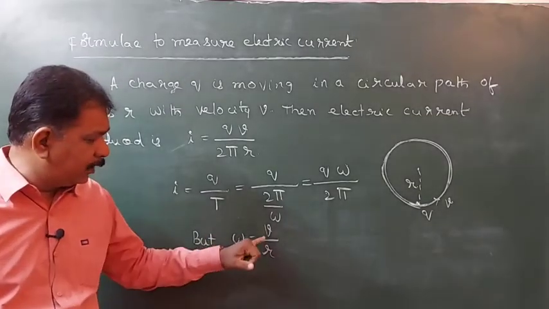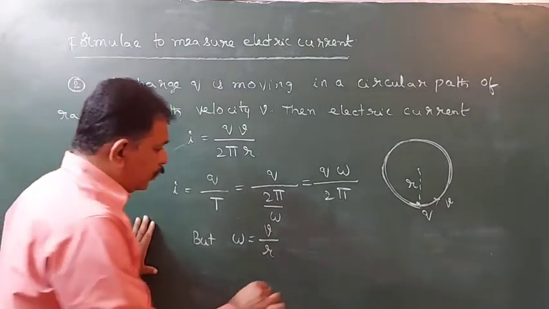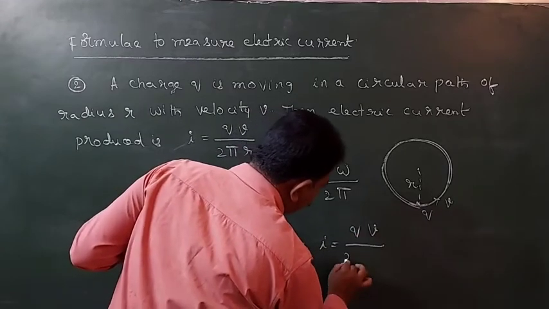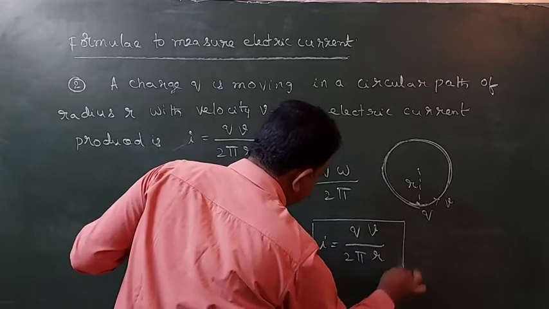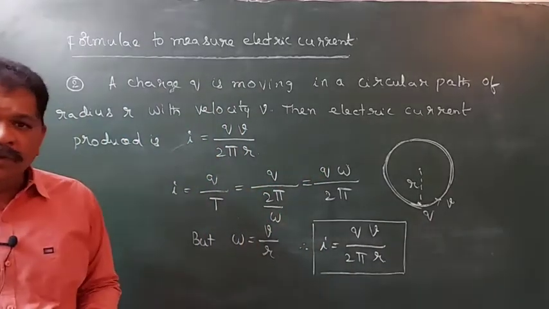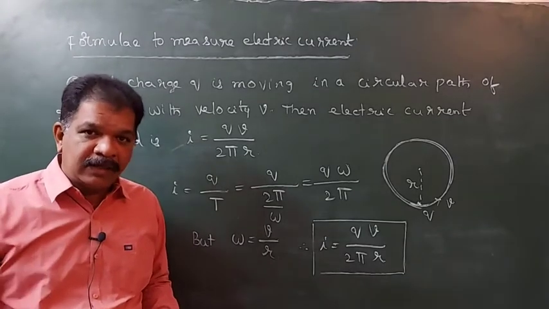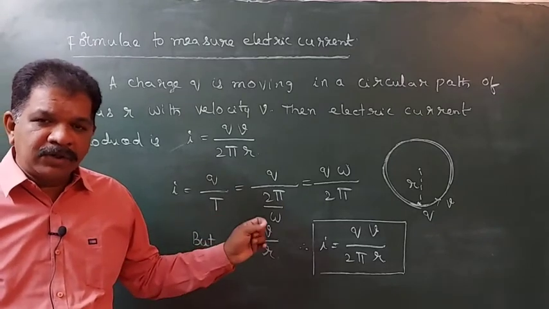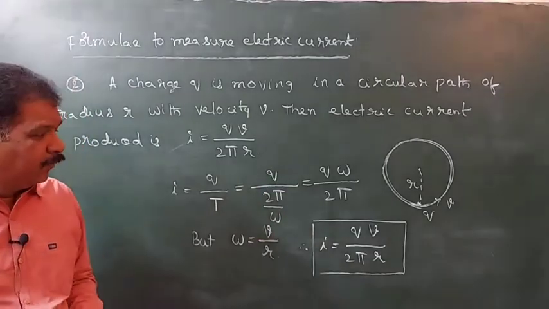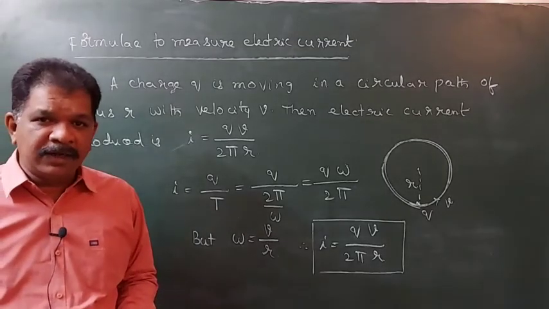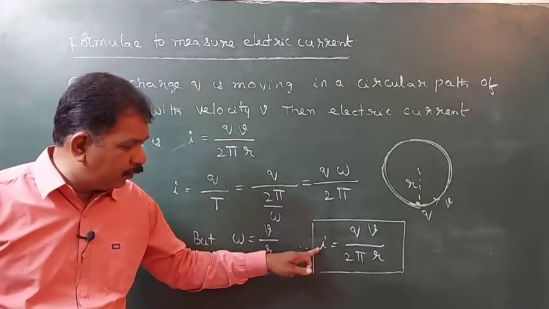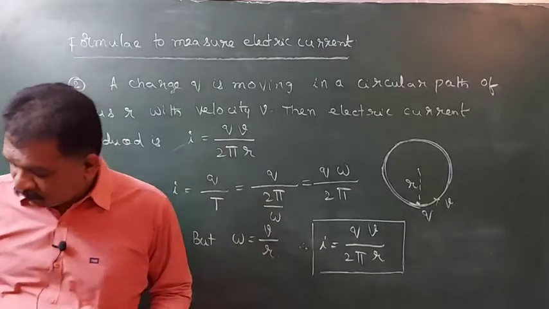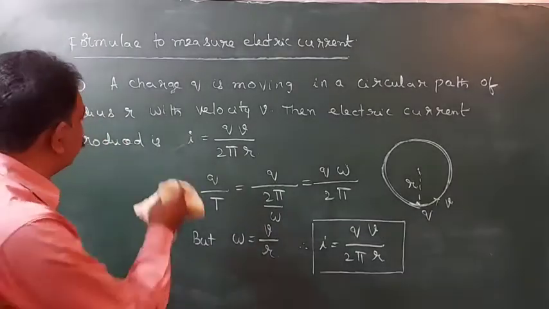Therefore, I value will be qv by 2 pi r. In this way this formula comes. So if a charge q or an electron is revolving around the nucleus in an orbit of radius r, to find the current generated by that electron, we have to use the formula I is equal to qv by 2 pi r. Okay. Next, after finishing this, one more model will be there.